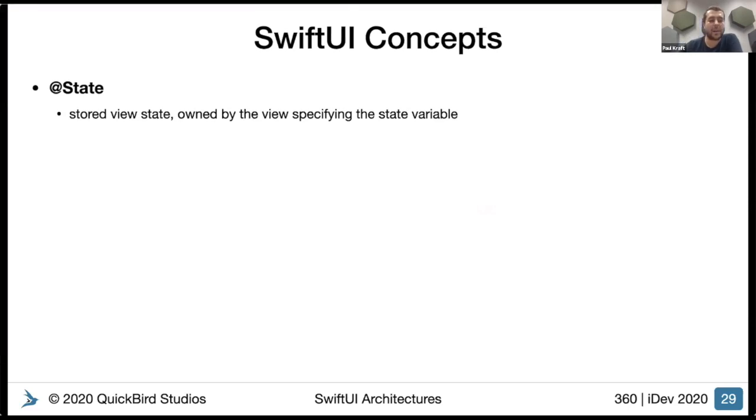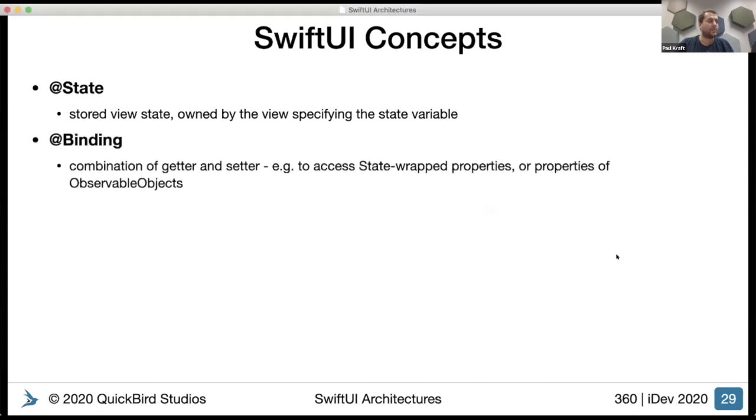It has stored view state, which is owned by the view that is specifying that variable. In contrast, the Binding property wrapper is the combination of a getter and setter in general. Most of the time it's used to access a property that is wrapped in the @State property wrapper, but is then used in a different view.